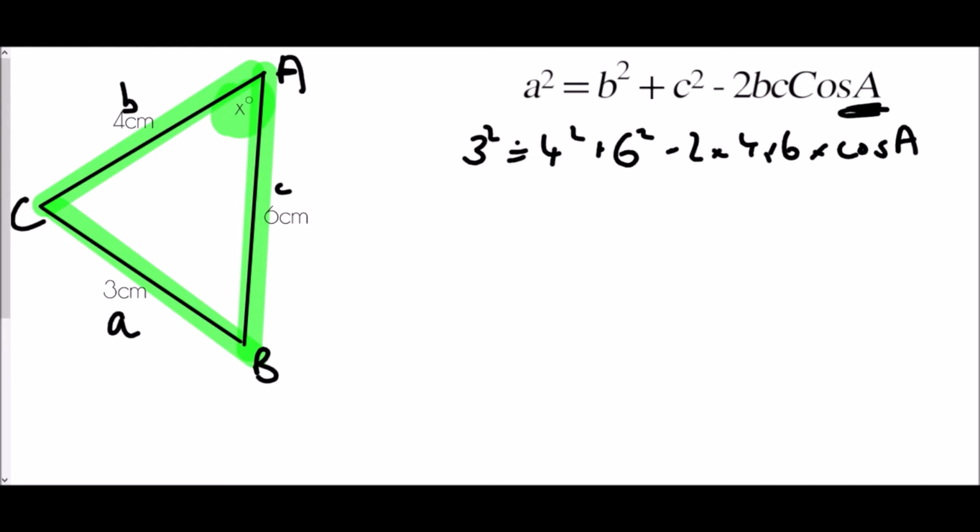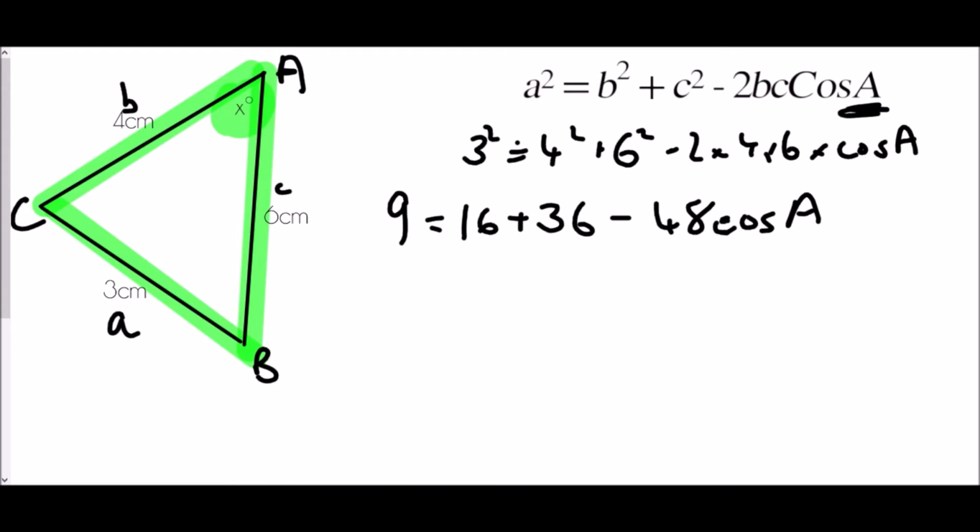And then this time we are actually going to have to do a little bit of working out. We're going to have to fill in all of the values that we've got. So 9 equals 16 plus 36, 2 times 4 times 6, well that's take away 48 cos A. And so then we're trying to isolate the cos A in this equation.